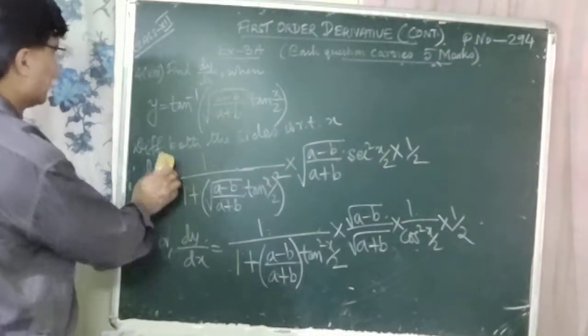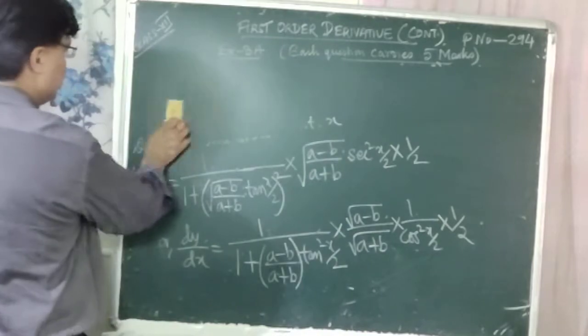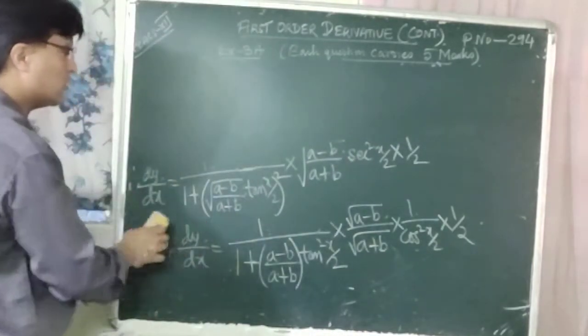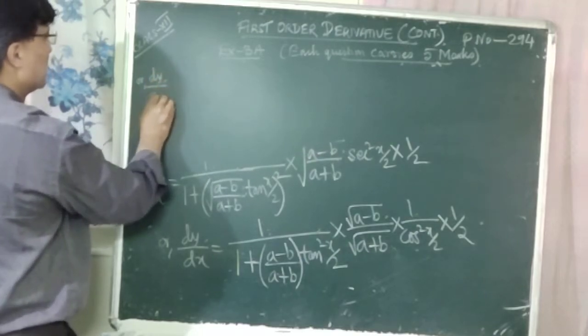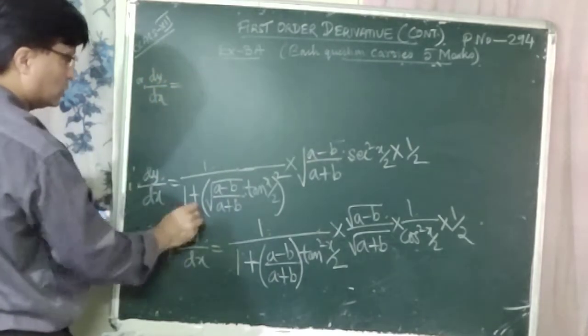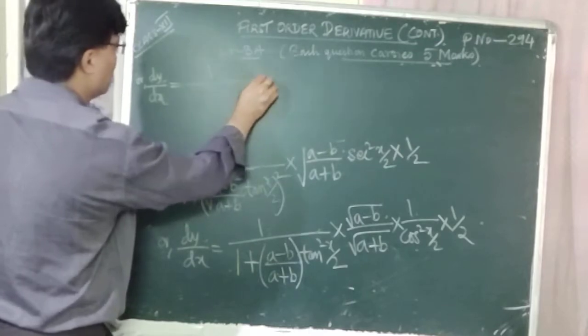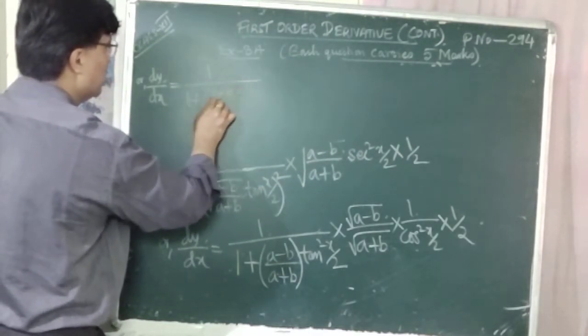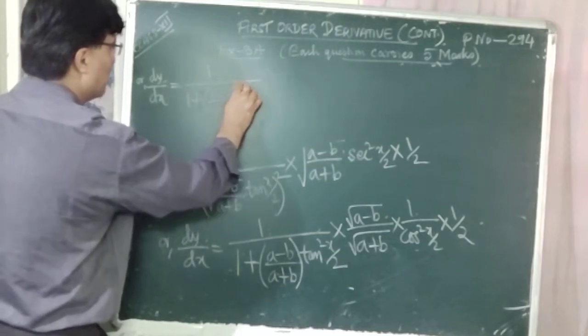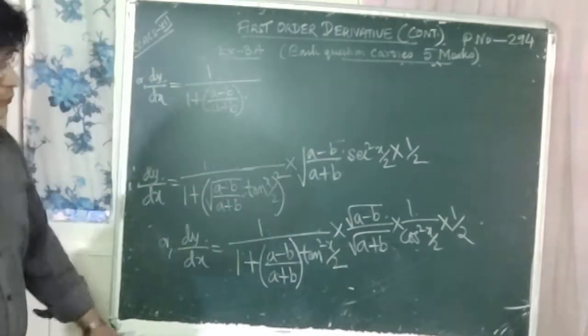Now again you have to simplify it further, right? Now dy by dx is equal to 1 upon 1 plus a minus b upon a plus b into.